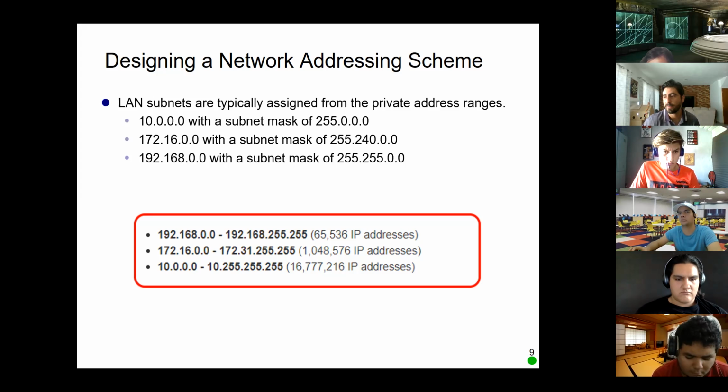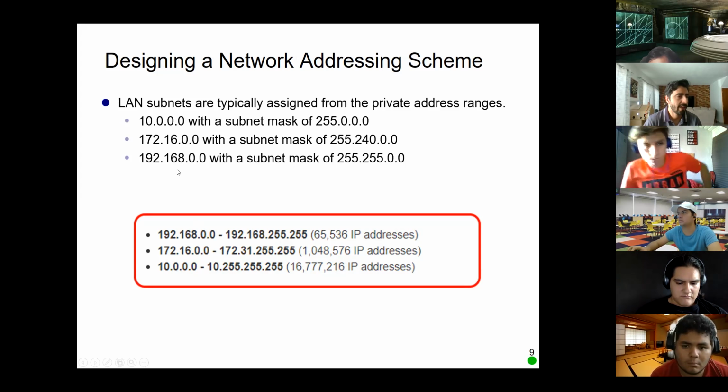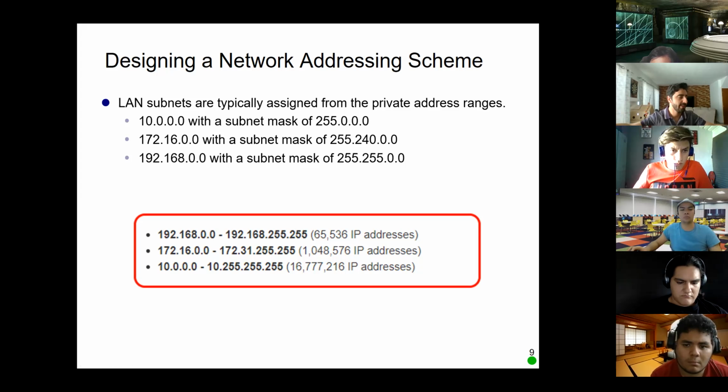Most probably all of you are going to have 192.168.0.1 or 1.1 as your default gateway. That's your private address, but even knowing that, I cannot communicate with you, because that private address is most probably used by another 10 million people in the world, or a lot of people.